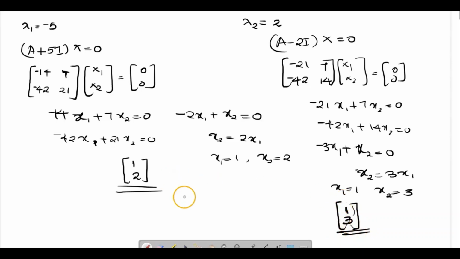Okay. So the modal matrix P equal to 1, 2, taking the first eigenvector as the first column, and this as the second column. Now let's find the inverse. P equal to 1, 2, 1, 3.